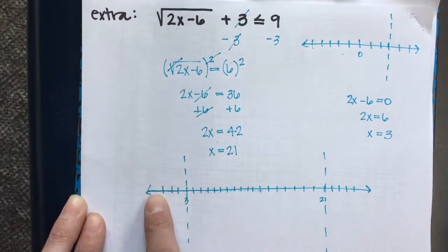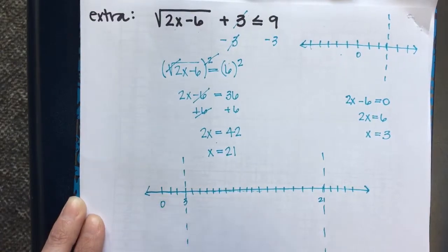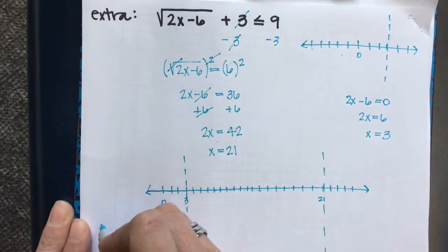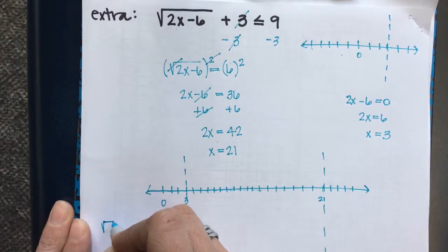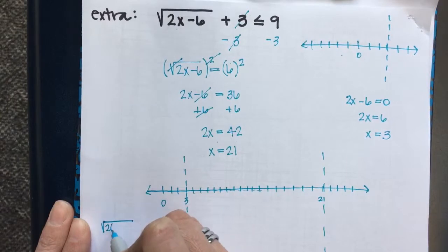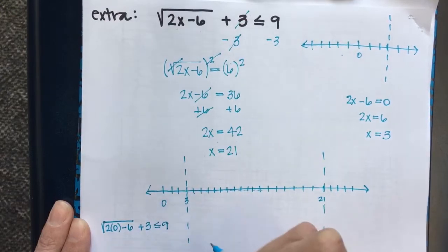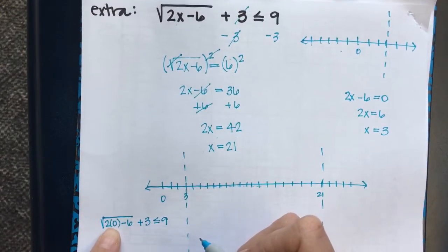So in this first section I would probably pick 0. If I put 0 in, I get the square root of 2 times 0 minus 6 plus 3 is less than or equal to 9. Well, 2 times 0 is 0 minus 6.